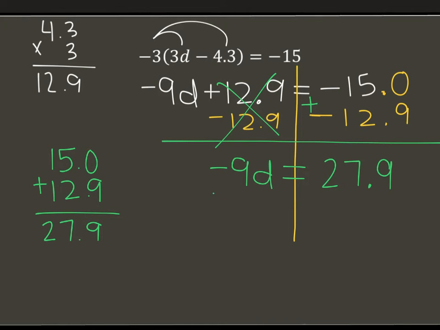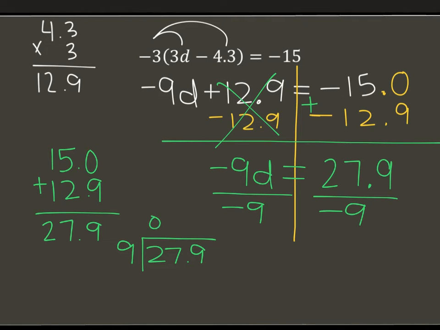Now, final step here, I need to isolate my variable still. That is negative 9 times d, so I need to divide by negative 9 on both sides. So 27.9 goes in your house, 9 goes outside. 9 goes into 2 0 times, 9 goes into 27 3 times.